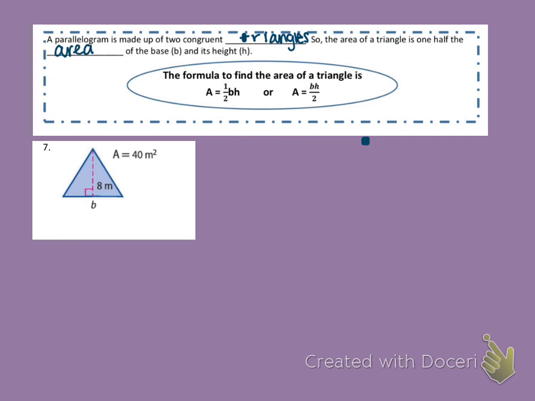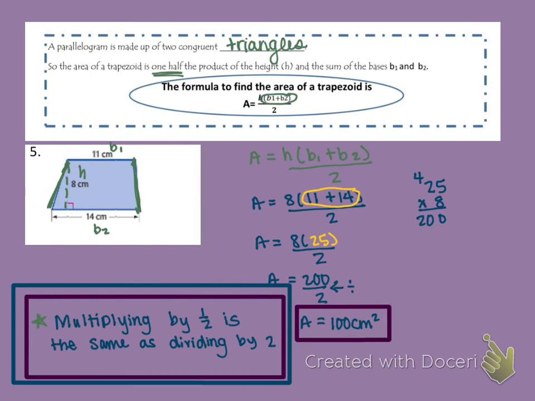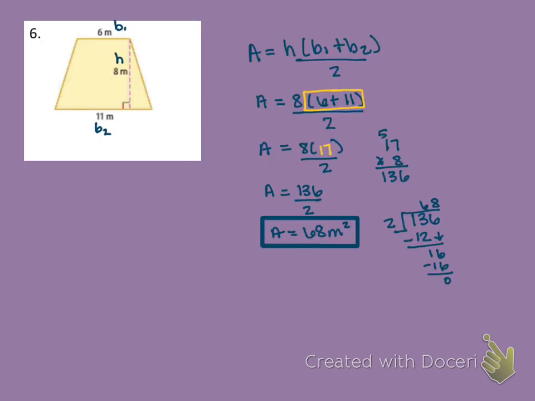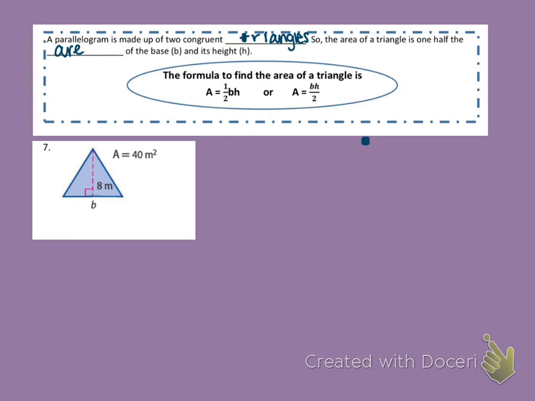Where I said a couple of problems ago, multiplying by 1/2 is the same as dividing by 2, that is why you have two formulas for area of a triangle. I will tell you most often, if not all the time, I will be using this formula. I believe that's the formula on your star chart, and dividing by 2 is easier sometimes.